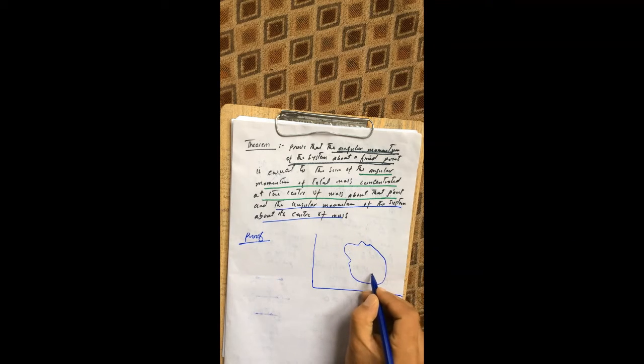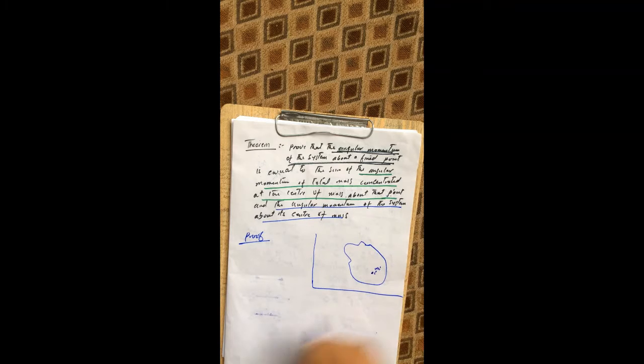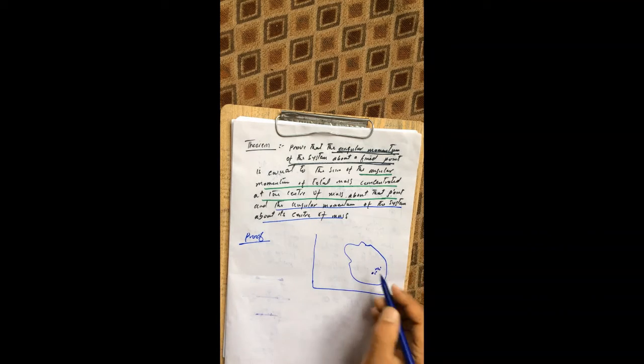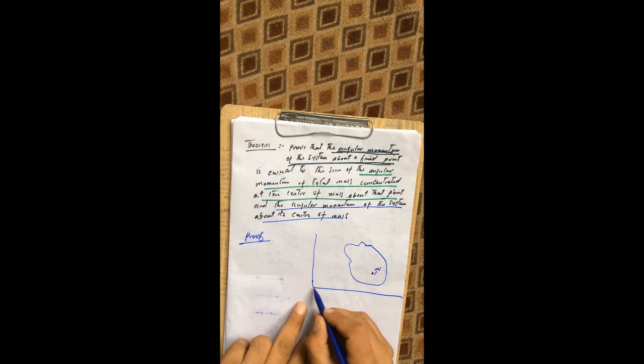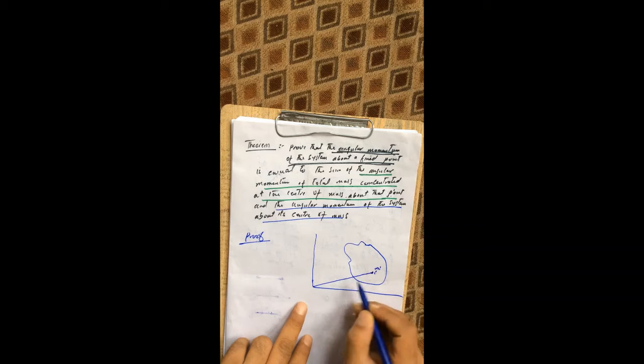Now let's suppose this is the ith particle of this system with mass mi. I pick one particle from this system, because we have n particles, and I suppose that this is the ith particle and its mass is mi, such that its position from this origin is ri.